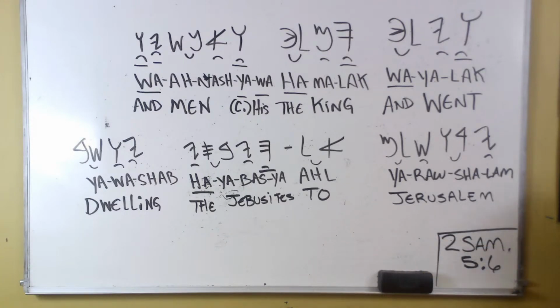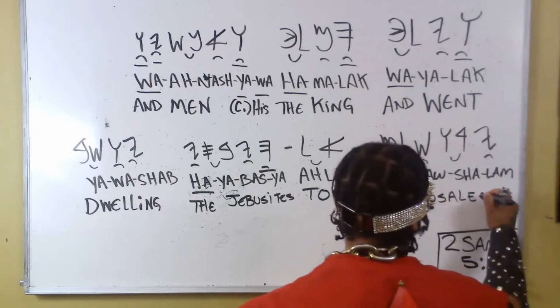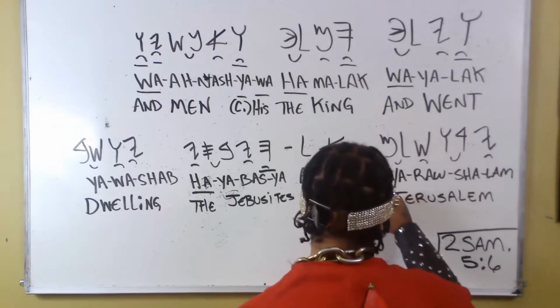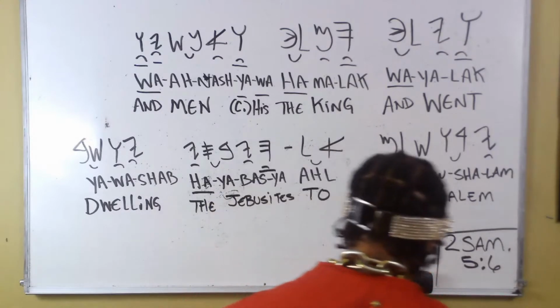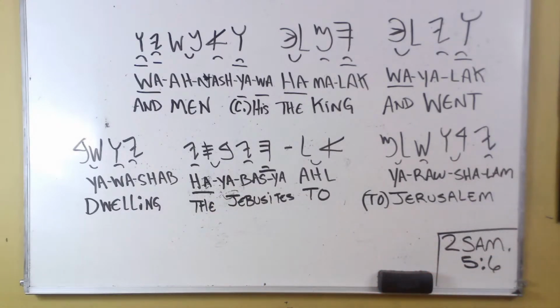I can guarantee you this is probably to Jerusalem, to the Jebusites dwelling. And went the king and his men to Jerusalem to the Jebusites dwelling. I can guarantee you, almost. Damn near. Let's keep going.